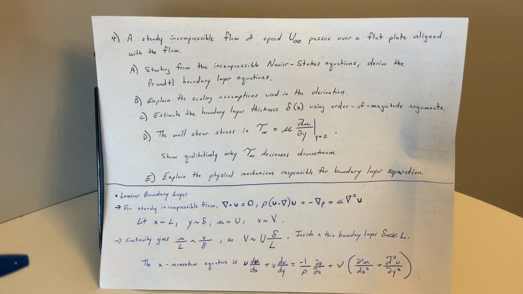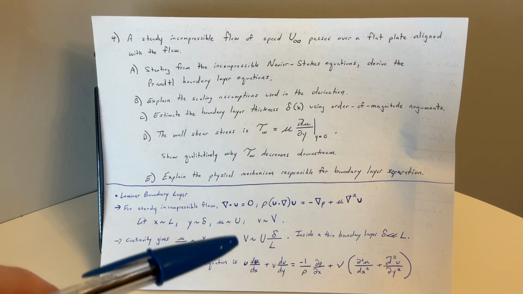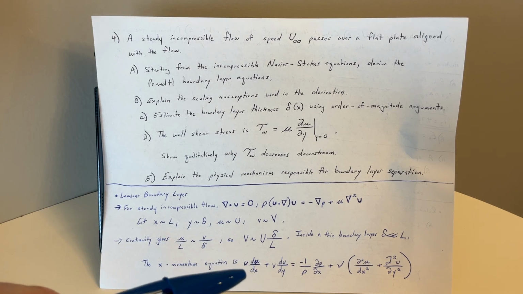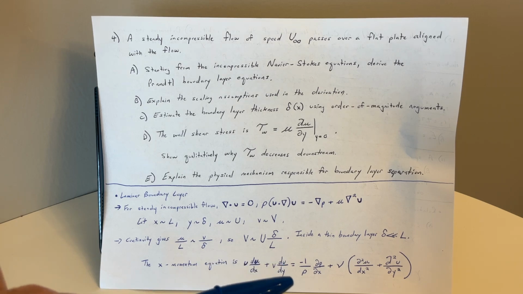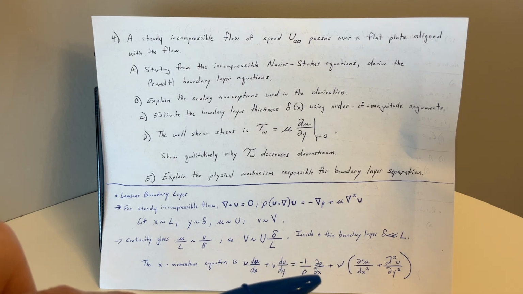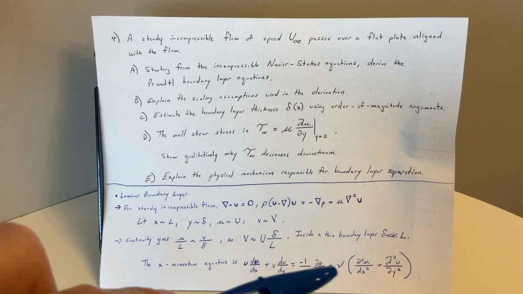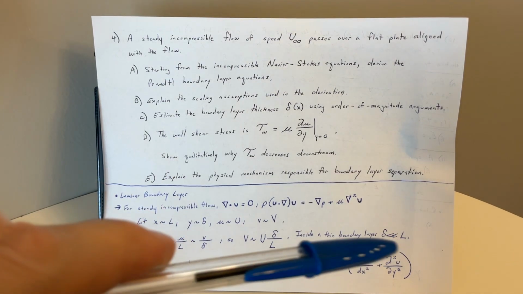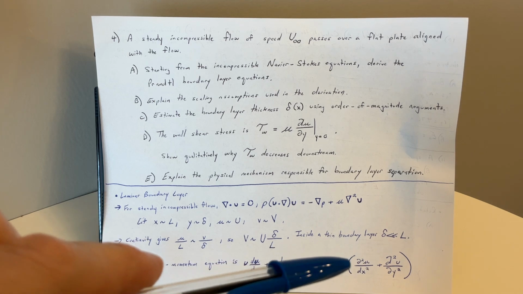Okay, so here's our x momentum equation. u du dx plus v du dy equals negative 1 over rho dp dx plus nu quantity, the sum of these second derivatives, partials here.